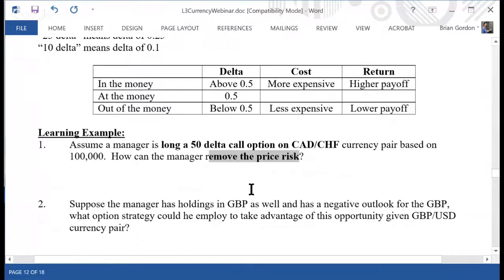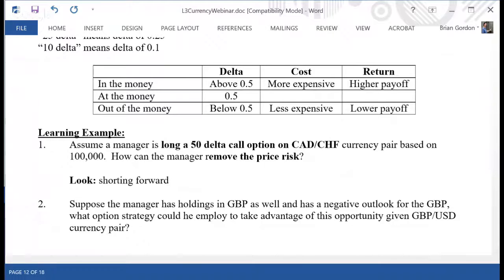If this is a multiple choice question or an essay question, I'm looking for an answer, and the answer is going to have something to do with, in this case, shorting a forward. So I better be looking to short a forward in the currency pair.